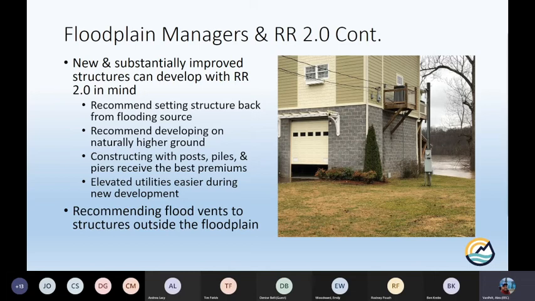So for a couple thousand dollars, you can put vents on your home, and the insurance premium savings that you're going to see over a couple of years should pay you back for that. And then you're just saving money going forward. So making building, development, and construction standards recommendations to folks moving forward is going to be very important in your role as floodplain managers.